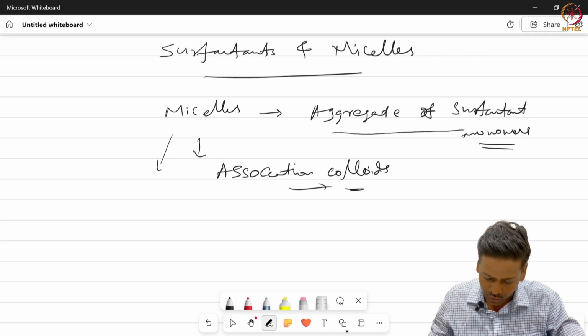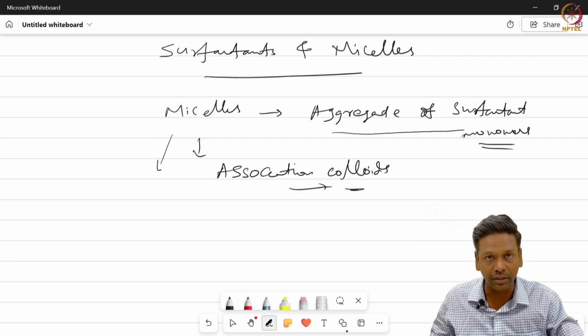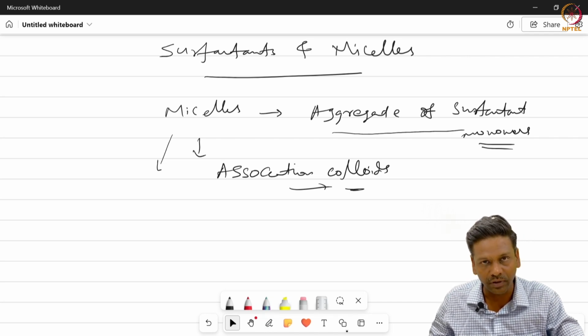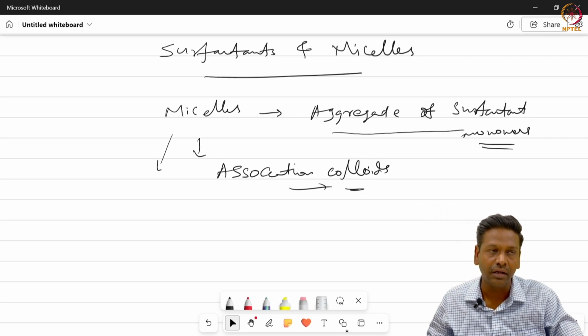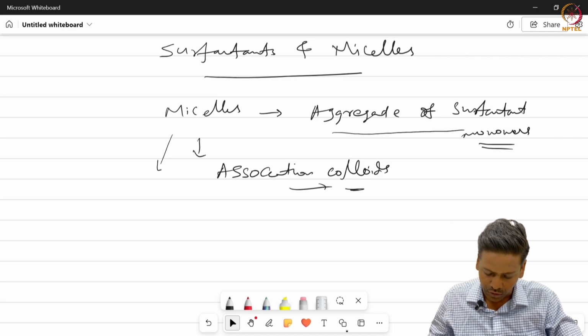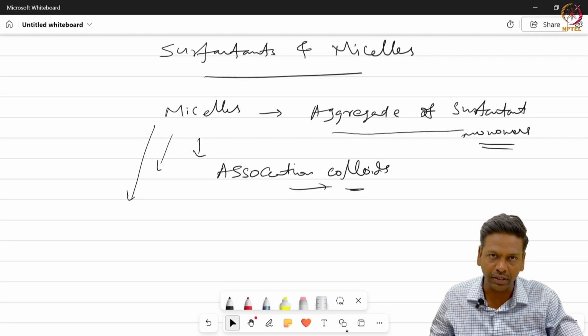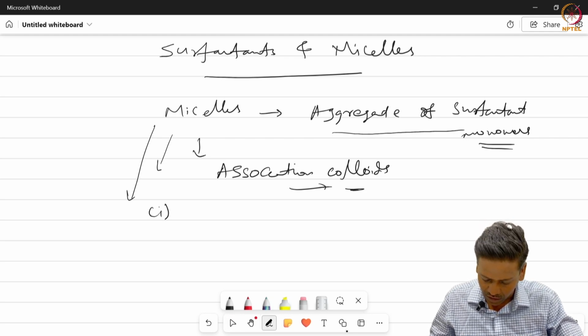So we will look at, in today's lecture, what are different types of surfactants and the applications. We'll also try to cover some of the naturally occurring surfactants. Before we begin, we'll also see what is the application of micelles. Micelles are used in many applications.